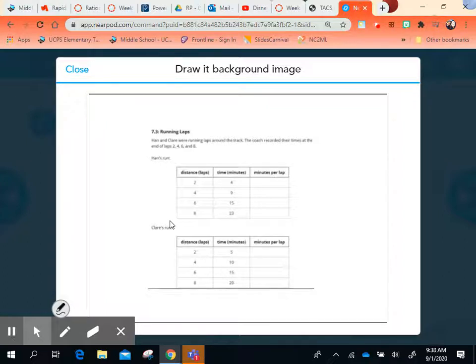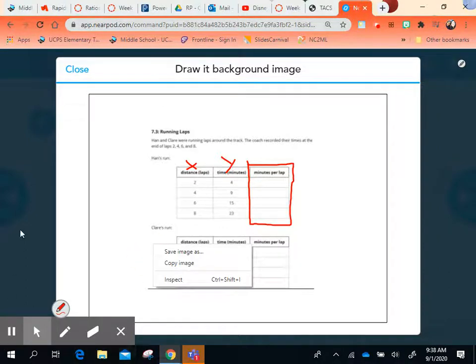So on the first table for Han, we see that he has his distance, which would be our X, and we see his time, which would be our Y. Remember, we're always labeling our table, X and Y. This row right here, the third row, I'll explain what that is in a second. And then for Claire, we have the same thing. We have her distance in laps, which is X, and we have her time, which is Y.